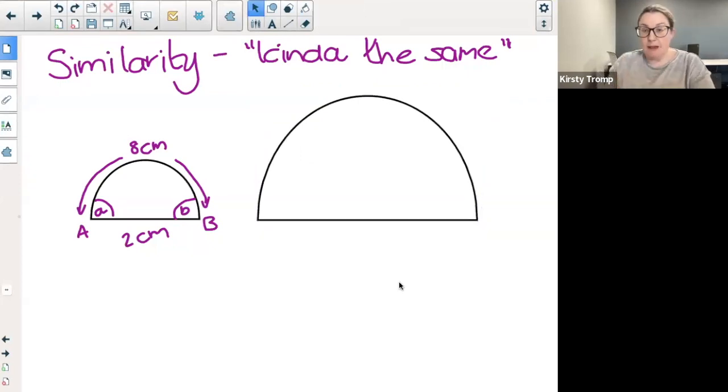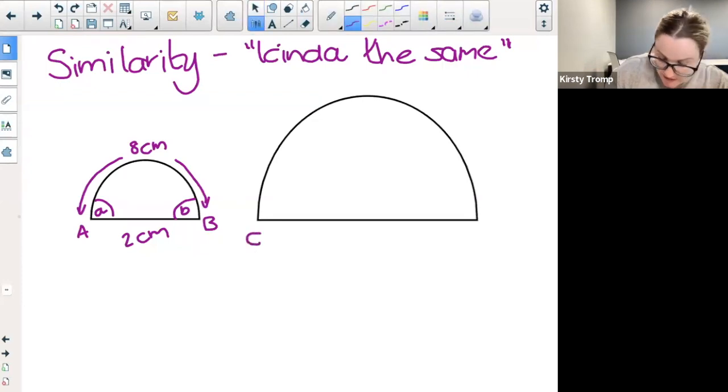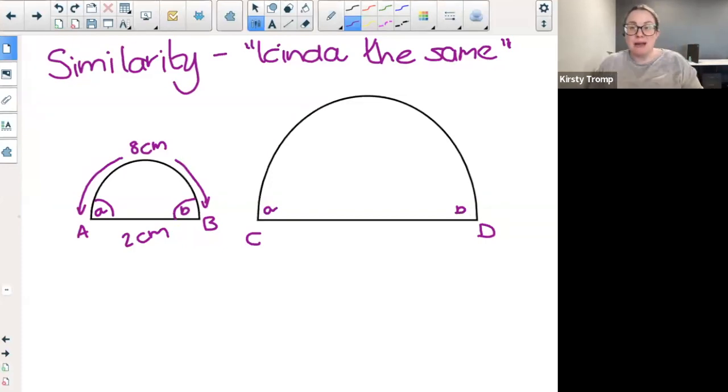So what I see now in this new shape is that it is marked C and this is marked D. I've still got angle A and angle B. Now you should be saying to me, ma'am, how is that possible? How come the angles are the same size?